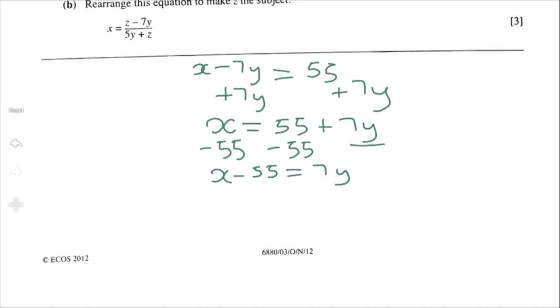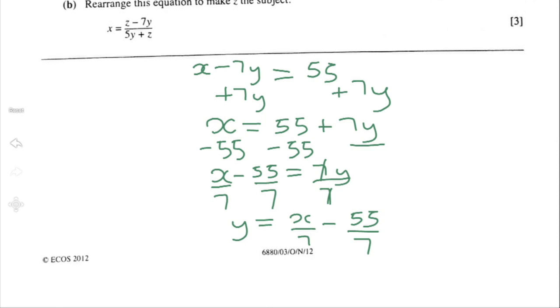In order to remain with y here, we can simply divide by 7. You can divide each term there by 7. Cancelling off here, you have y is equal to x over 7 minus 55 over 7 there. Then what's the coefficient of x here?